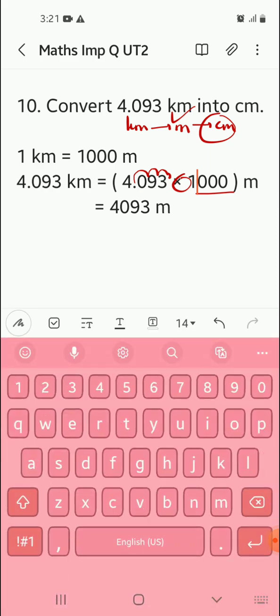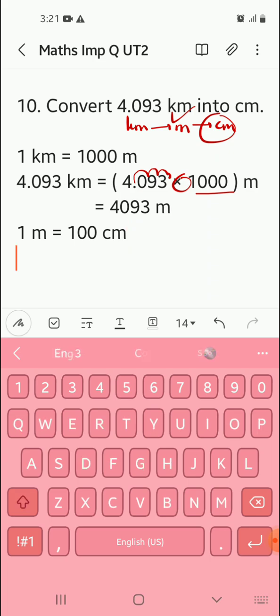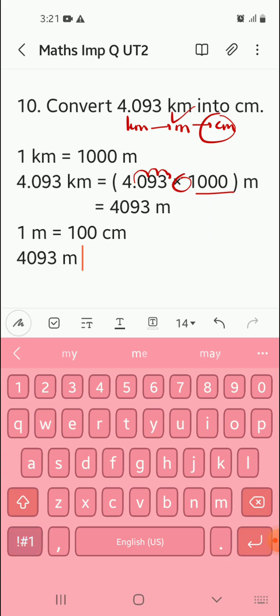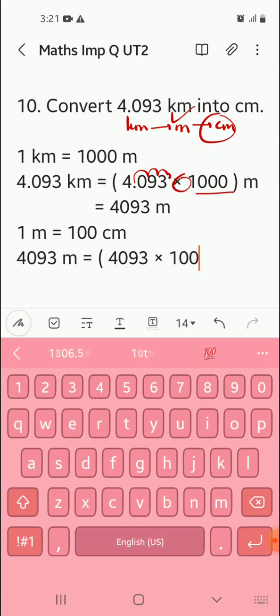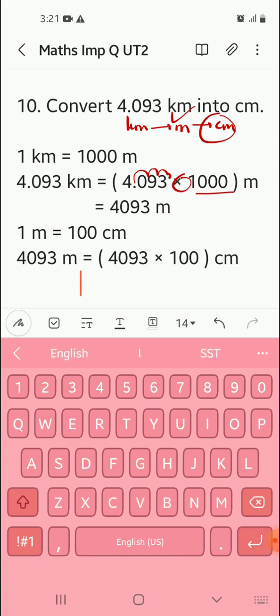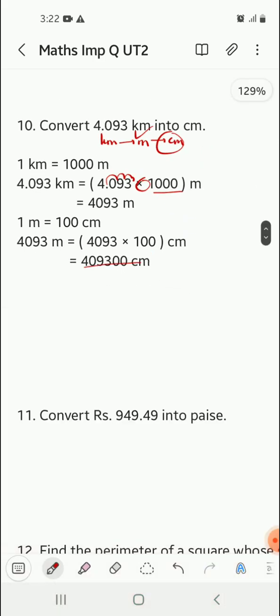So the next step, 1 meter is equal to 100 centimeter. So 4093 meter will be equal to 4093 meter into 100 in order to convert it into centimeter. Simply 2 zeros will be inserted at the end. So 409,300 centimeter. That's it. This becomes my answer.